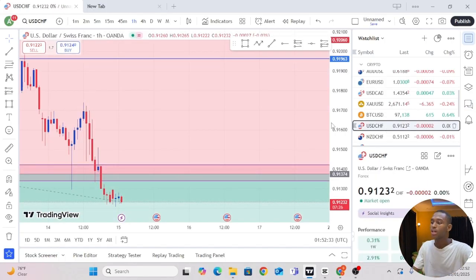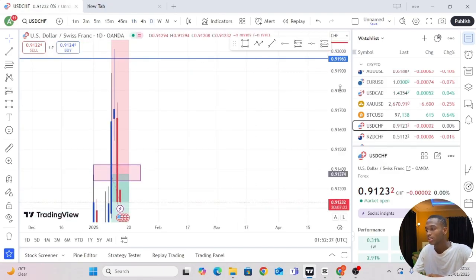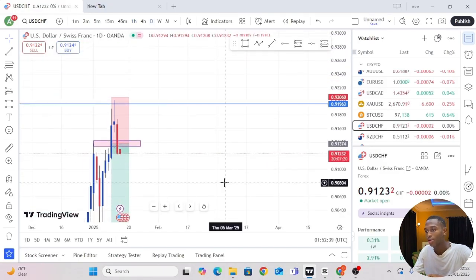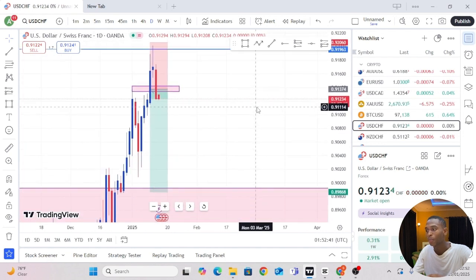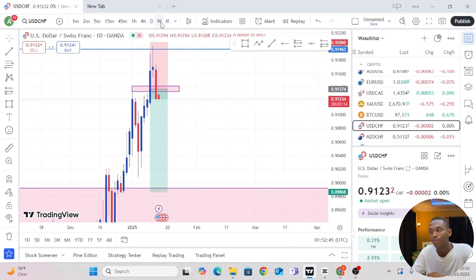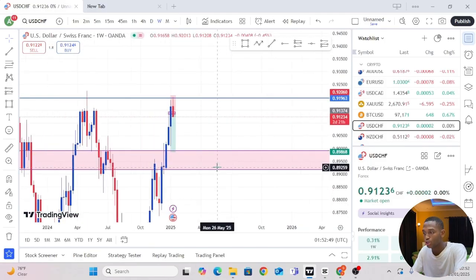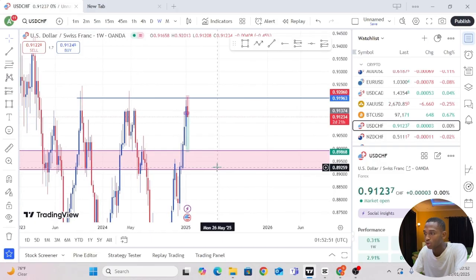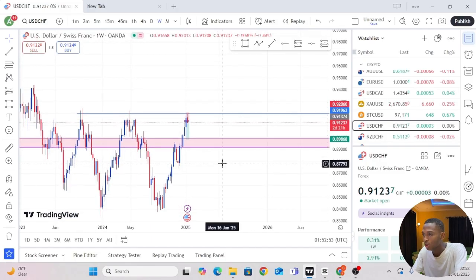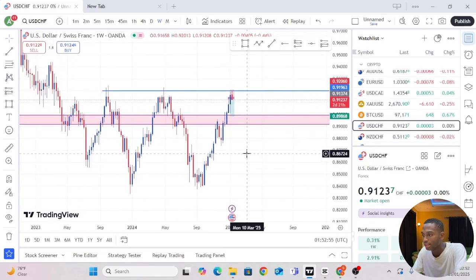Now, let me explain this. USDCHF is a trade that is already doing what I'm expecting. USDCHF is a trade I have been anticipating for close to 3 months now. Let me show you what I mean. If we go out on a weekly time frame, we can see what the market did right here.